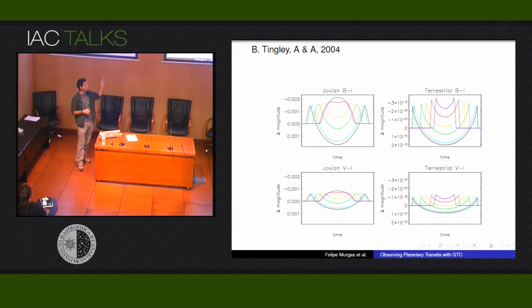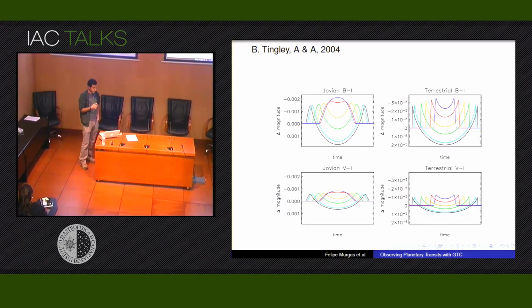If you take the light curve of the transit in two different filters and do the color of that, you get those horn-like structures, and each of these curves depends on the inclination of the system. These are different models. But the important thing is that these horn-like structures are really typical of a planetary object transiting in front of a star.